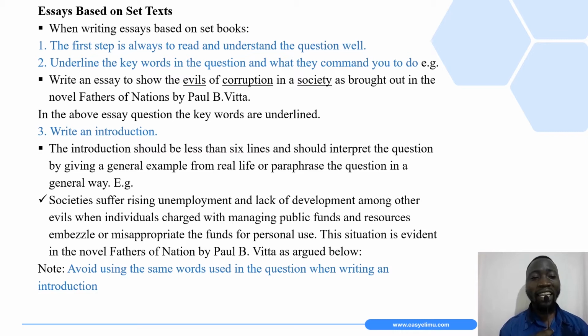So after underlining the keywords and analyzing, sorry, the main features of the question, now proceed to writing the introduction.